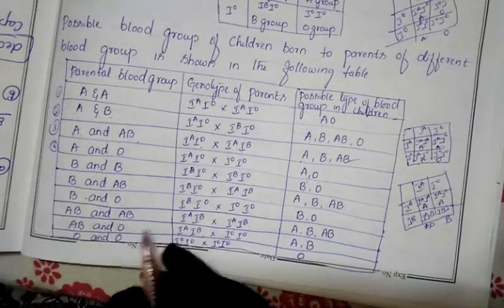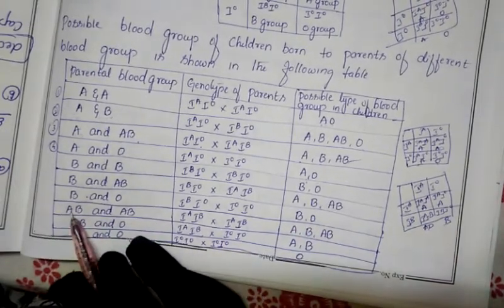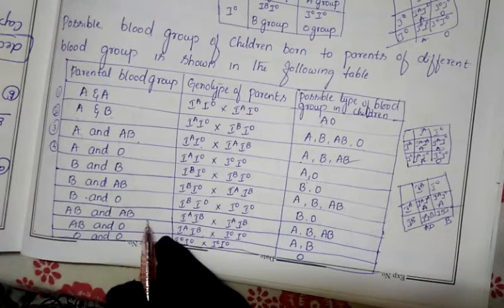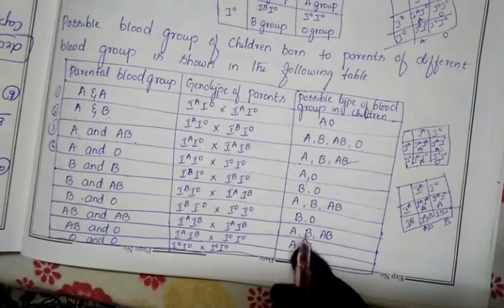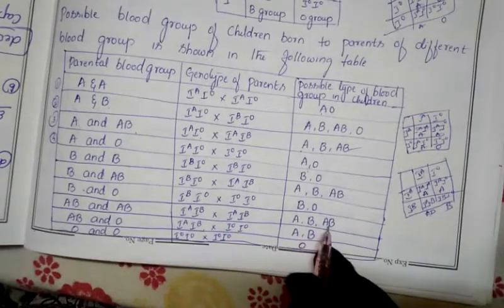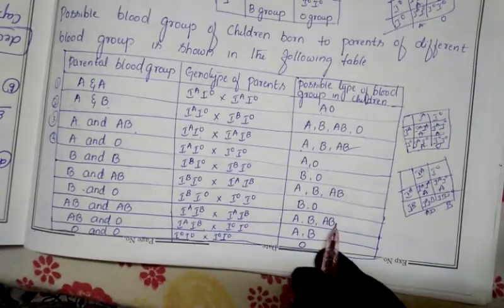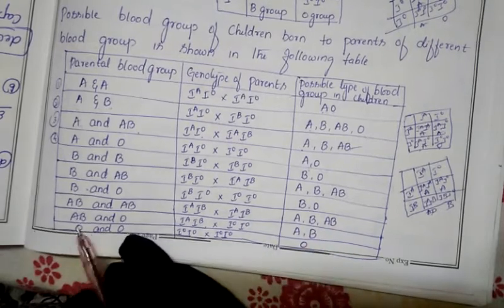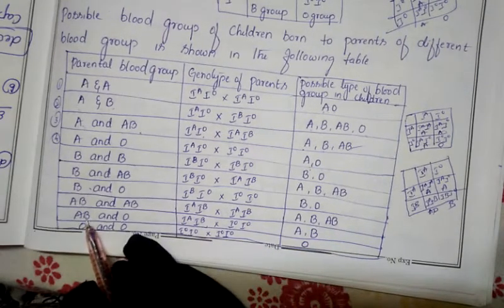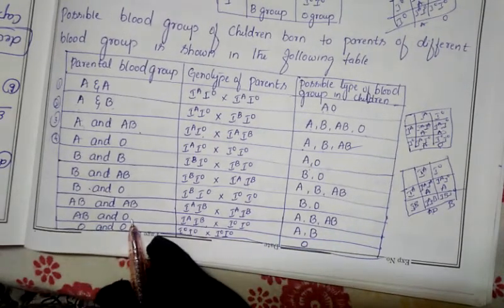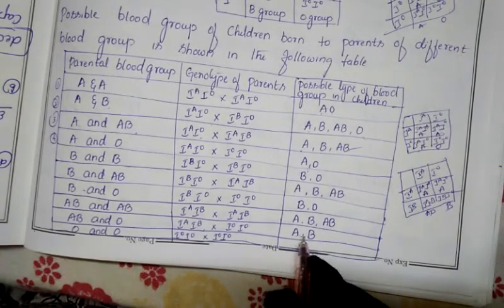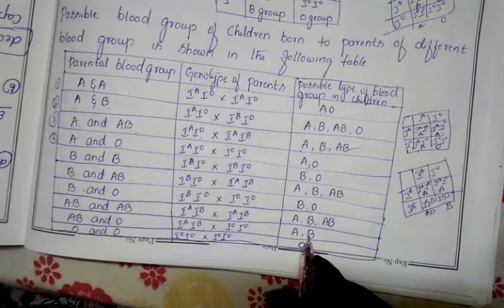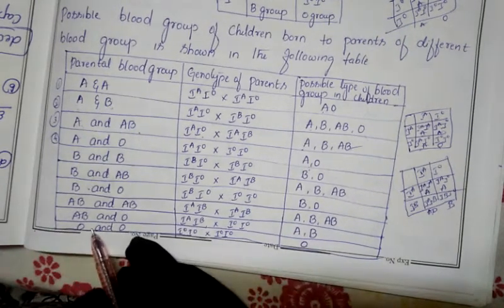Now AB and AB. If both parents have AB blood group, that is IA IB, then they will get AB here. O blood group will not be produced in the offspring. Next, if one parent has AB blood group and the other has O blood group, then A blood group and B blood group will appear in the offspring.